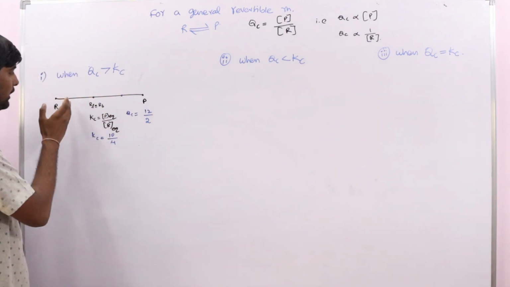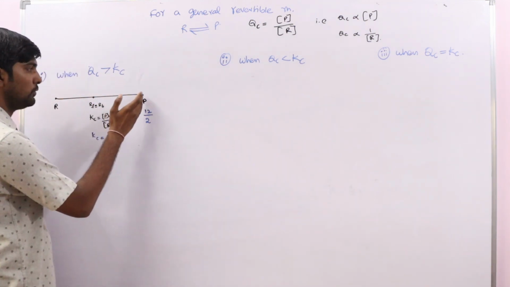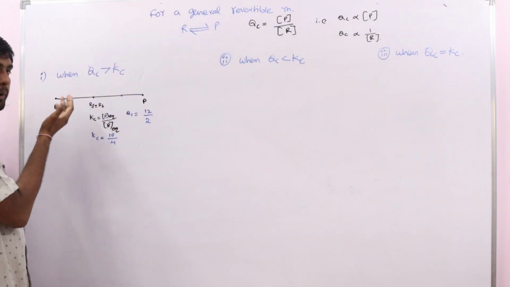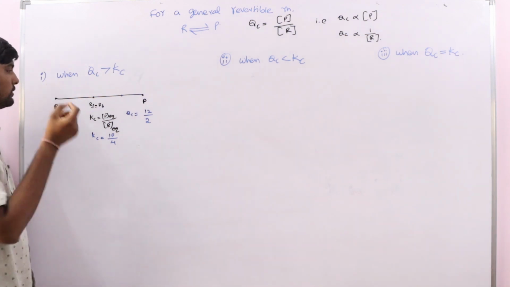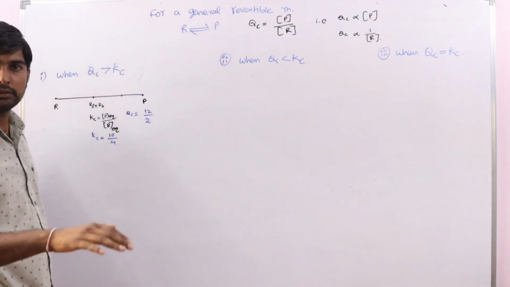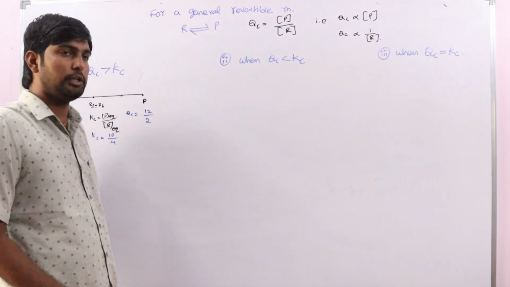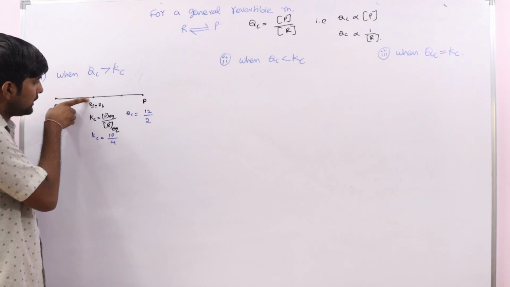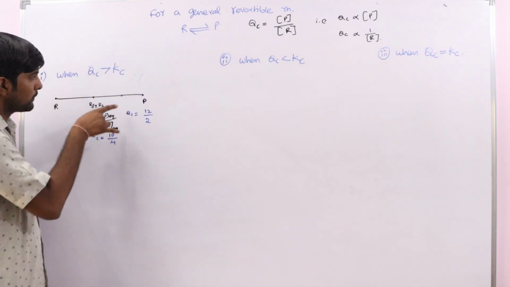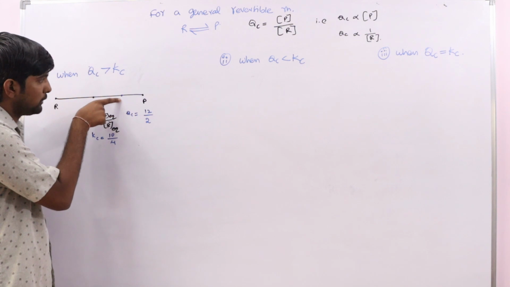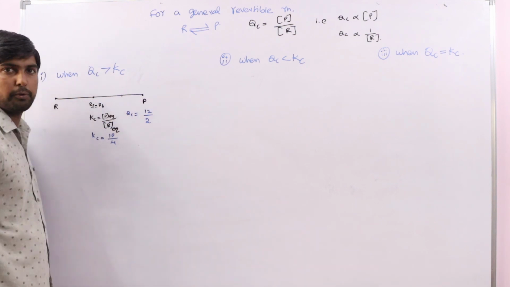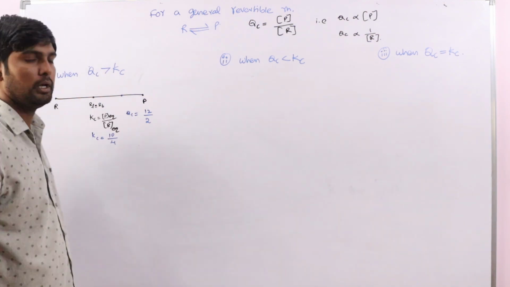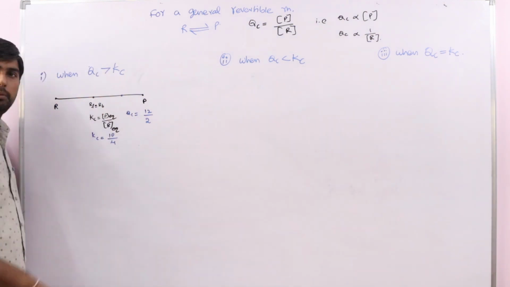Remember that whenever a position is close towards products, product concentration is more. Whenever the point is close to the reactant, product concentration is less and reactant concentration is more. Here the equilibrium position is away from the product, and this reaction quotient position is close to the product, so product concentration is more and reactant concentration is less compared to the equilibrium position.